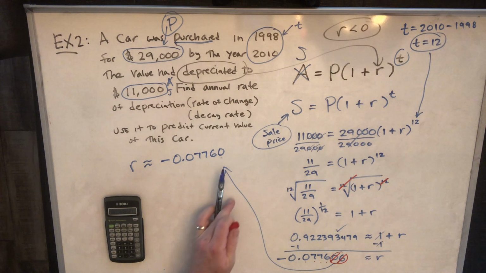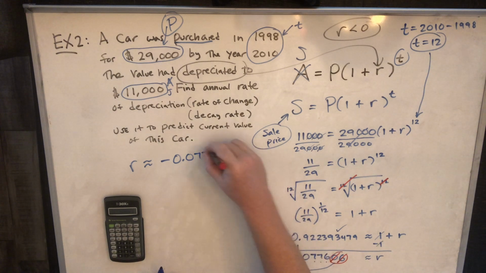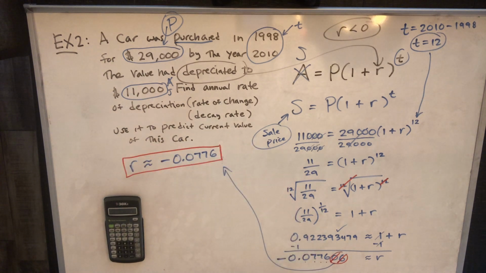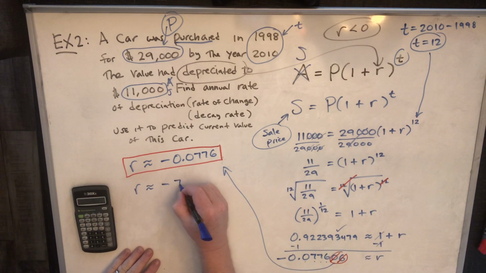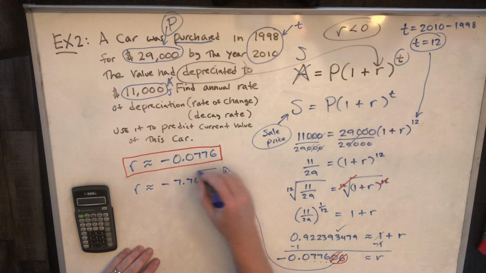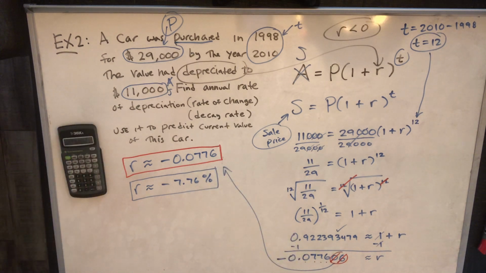If we do a 1, that would be 5 decimal places, so this is going to be 4 decimal places. I had overshot my mark my first time. In terms of percentages, that is negative 7.76%. So that is your annual rate of depreciation, or your rate of change, also known as the decay rate.